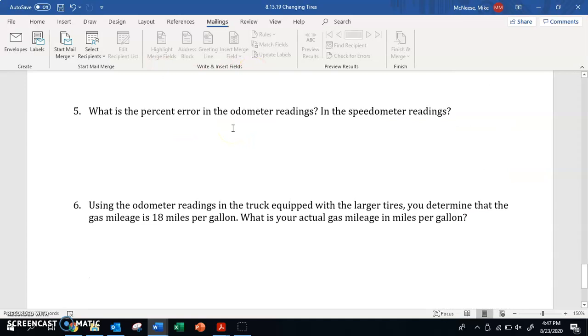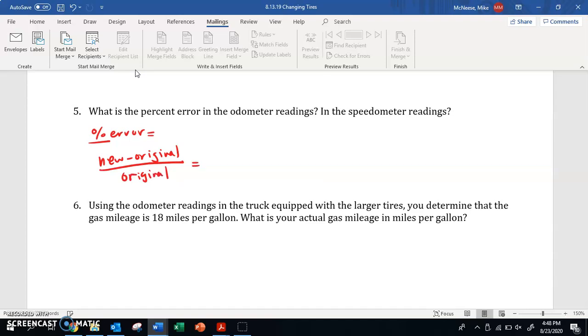Next one, what is the percent error in the odometer readings? Percent error is equal to new minus original, divided by original. It's just a ratio between the two.